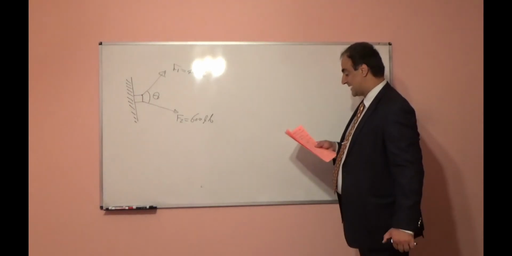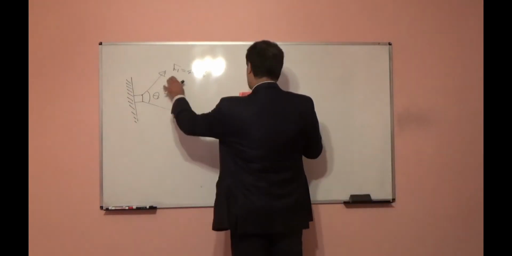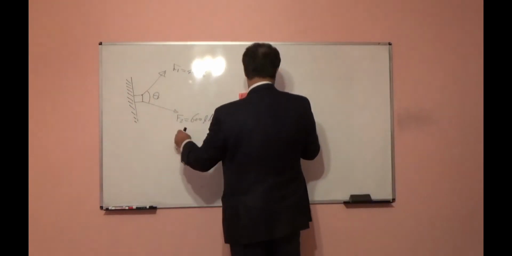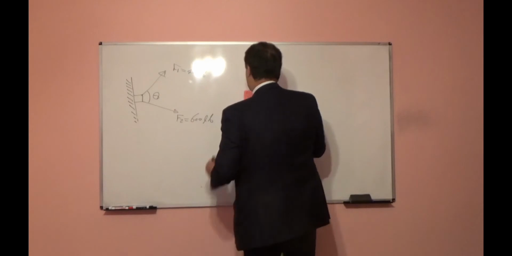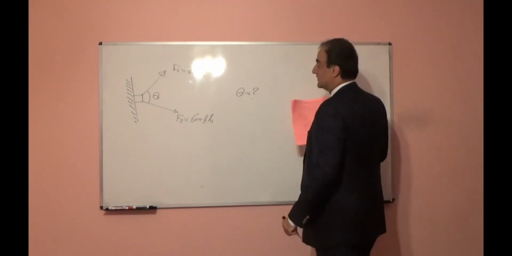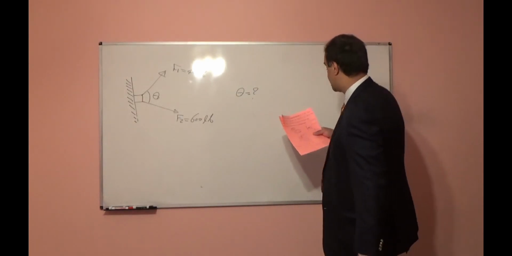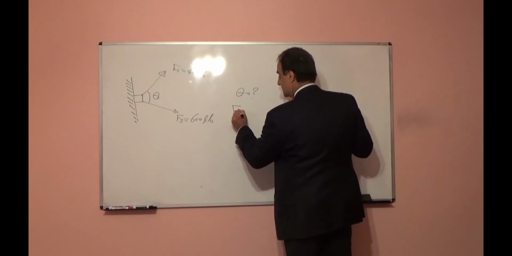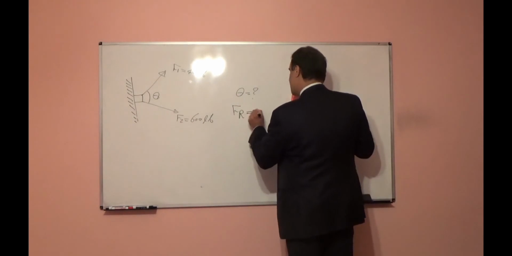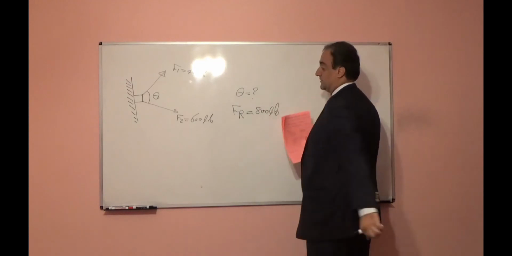So two forces act on the support here. We know the magnitude of F1, we know the magnitude of F2. We want to find theta, the angle between the two forces, so that the resultant force magnitude is equal to 800 pounds.